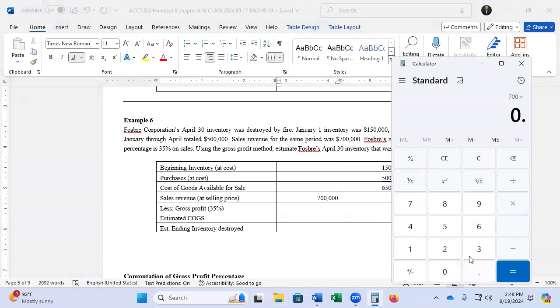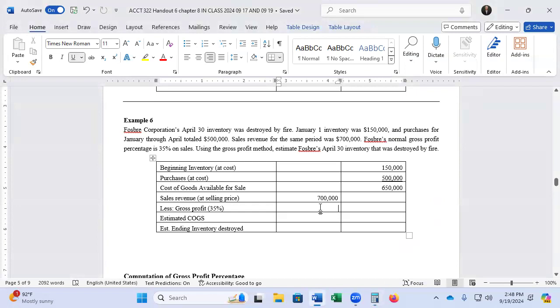Yep, my math is right. 245,000. And so your estimated cost of goods sold is 455,000. And then your ending inventory, which you thought was destroyed, would be 195,000.